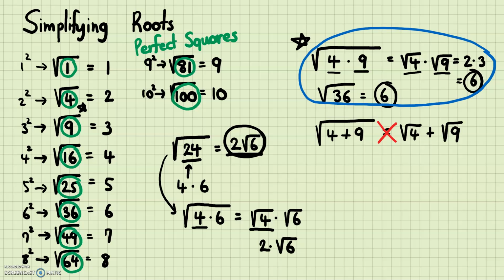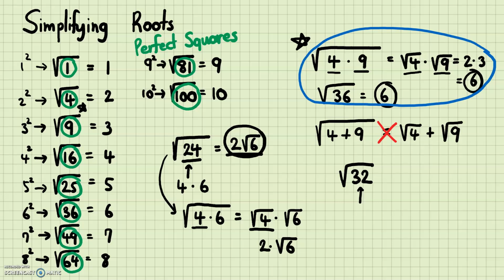Let's try another one. Say we're trying to find the square root of 32. Is there a perfect square number inside 32? And there's actually a couple.